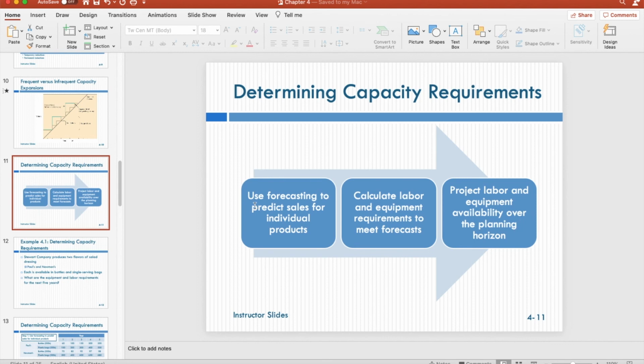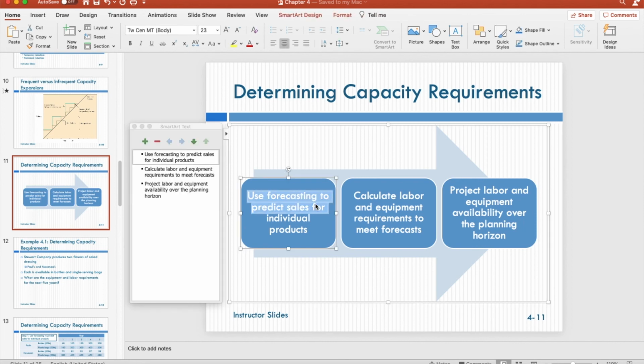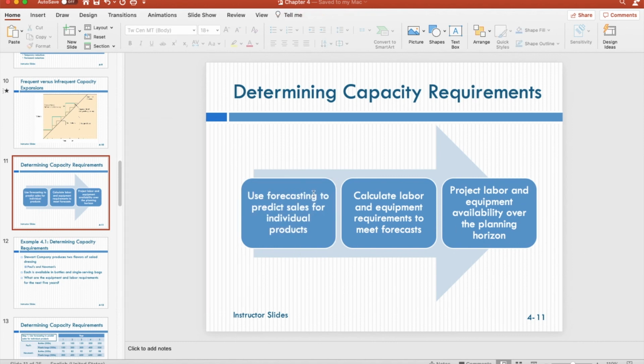Very simple. Since our final goal is always trying to fit the customer need, no matter for the products or for the services, first of all, we use forecasting to predict the sales for our individual products. So that's the first step.